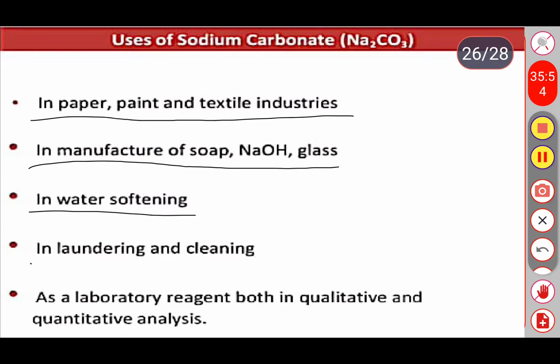And next, it is used in laundering and cleaning, and as a laboratory agent both in qualitative and quantitative analysis. So these are some of the uses of sodium carbonate.